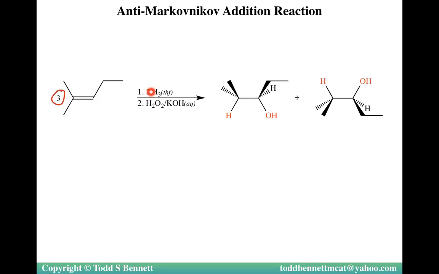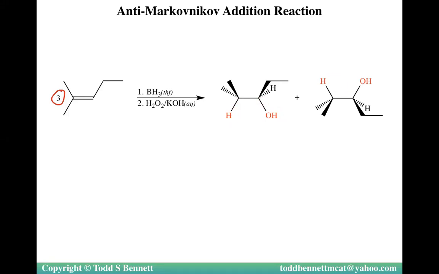This is a case where everything's going to add at once. The H and the placeholder that's going to eventually become the OH, which is the boron, will also add simultaneously. So now we're going to have a unique situation where if they add at the same time, they both have to add to the same side. That's what we're seeing, the H and OH both down or the H and the OH both up.